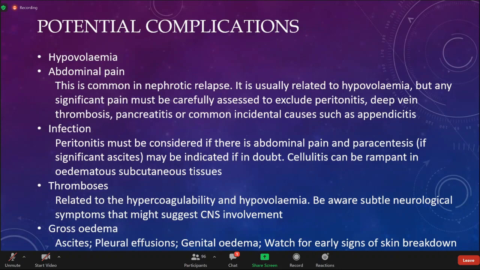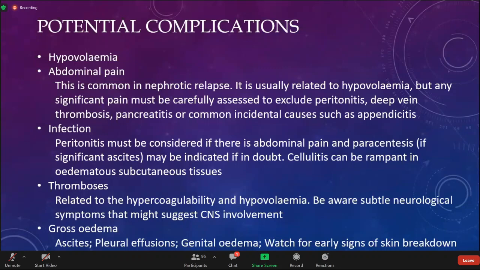If you take a few causes for abdominal pain in a nephrotic child, you always have to exclude hypovolemia. Hypovolemia can cause ischemia to the gut, and abdominal pain would be the result. And sometimes they can develop peritonitis because they can have free fluid in the abdomen, causing abdominal pain, deep vein thrombosis, pancreatitis, maybe even gastritis following the therapy can also cause abdominal pain in this group of children.